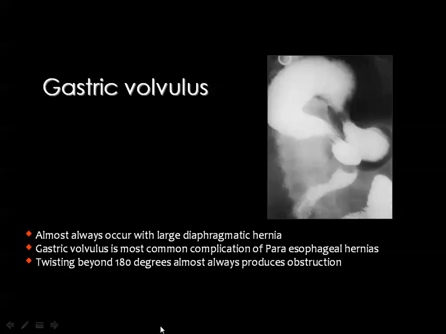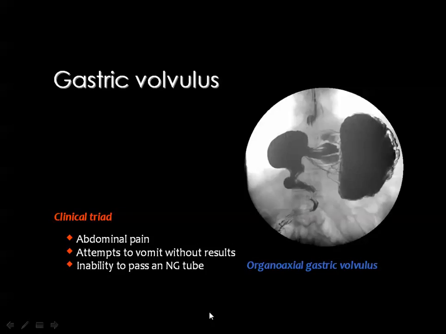Then gastric volvulus is a common complication of paraesophageal hernia, which is the second type of hiatus hernia. And if there is twisting of the stomach more than 180 degrees, there will be obstruction to the gastric outlet.